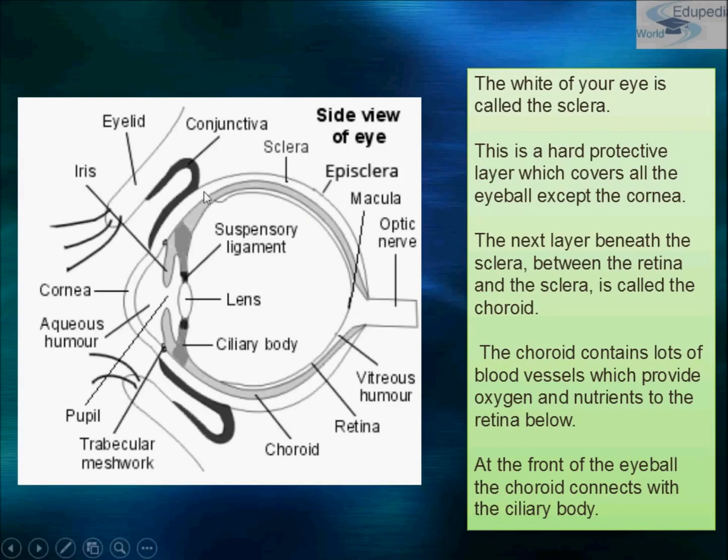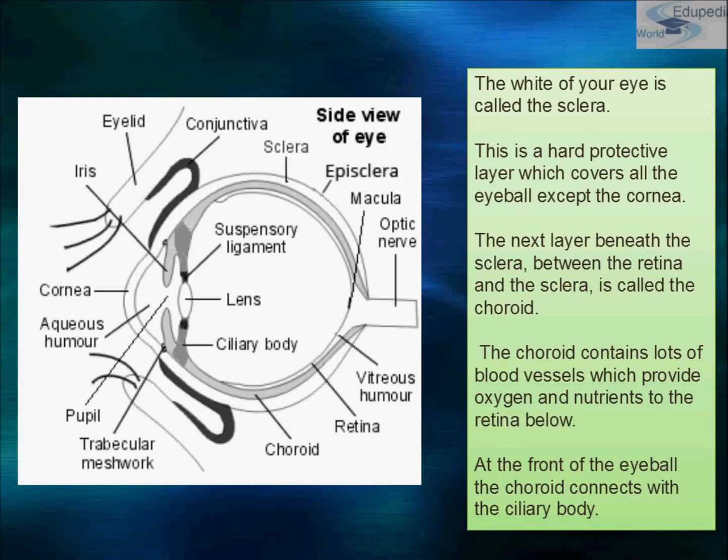See, this is your sclera, right? And this is cornea, it is in continuation with the sclera. It is more curved, transparent, and is meant for refracting light rays onto the retina. It doesn't have blood supply. Your cornea doesn't get blood supply, and it absorbs some amount of oxygen from the air.